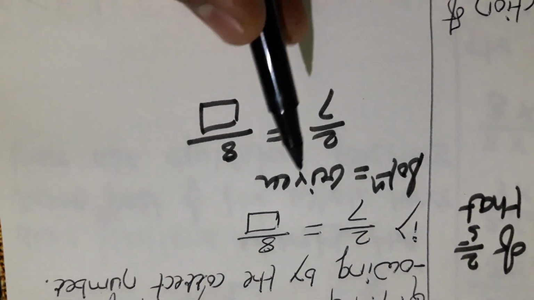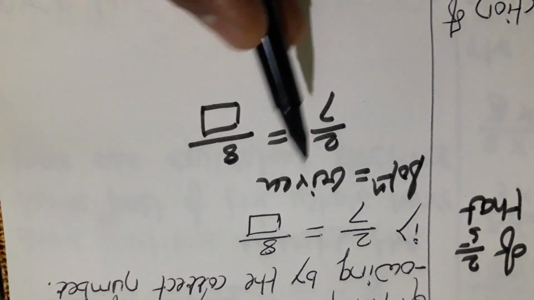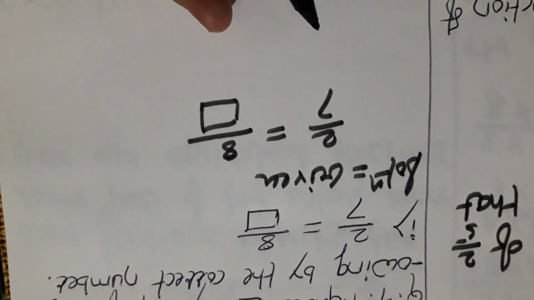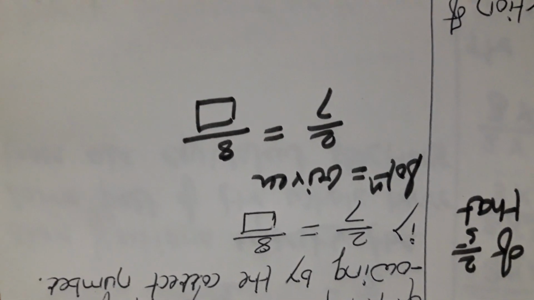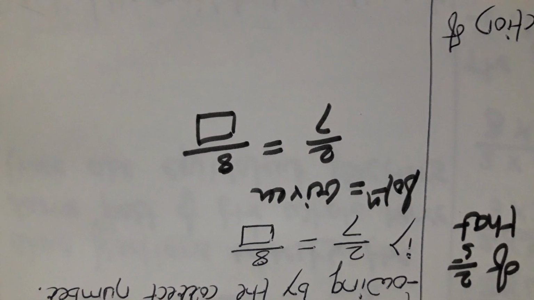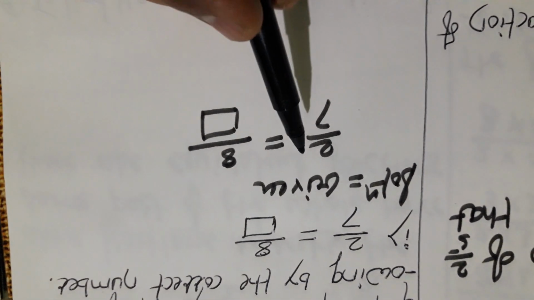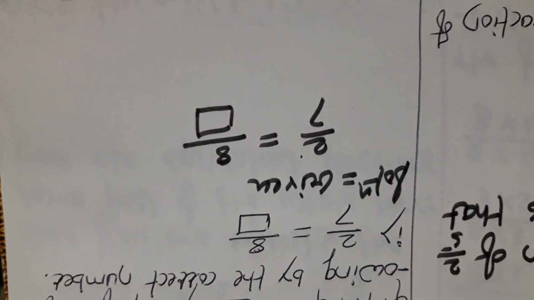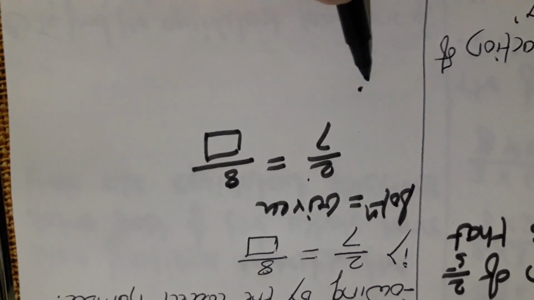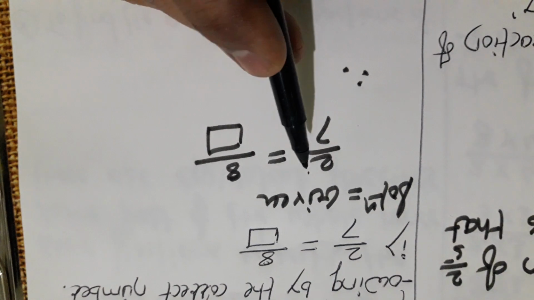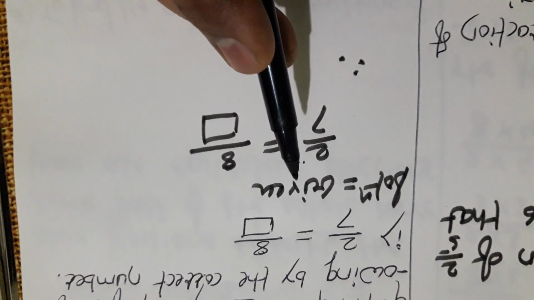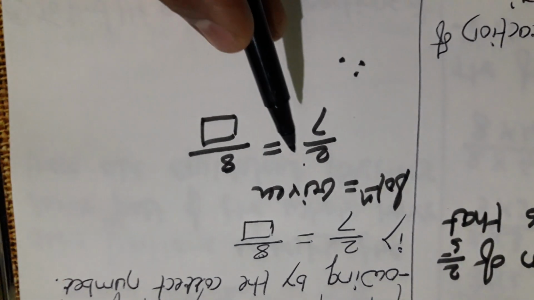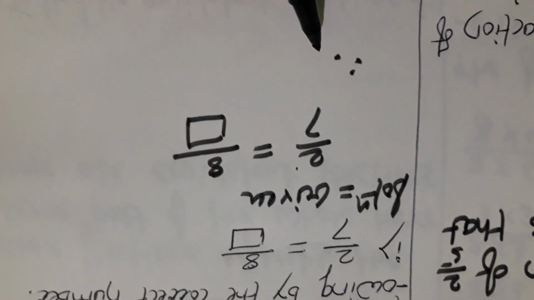Okay. Now see here, when we multiply 2 by 4, we will get 8. And there is one rule. What is that? The number which we choose for multiplication of the numerator, the same number we have to multiply to the denominator. When we multiply 2 by 4, we get 8. Then the same number we have to multiply to the denominator.